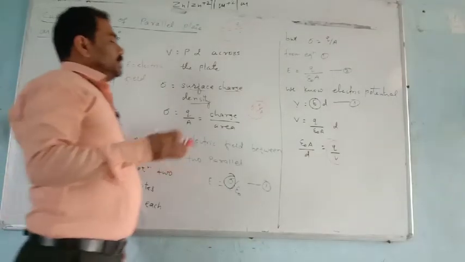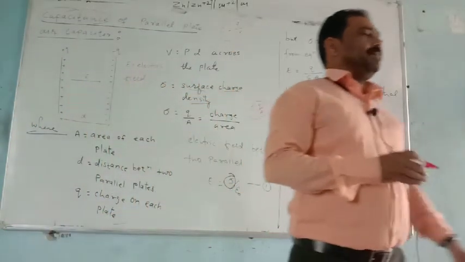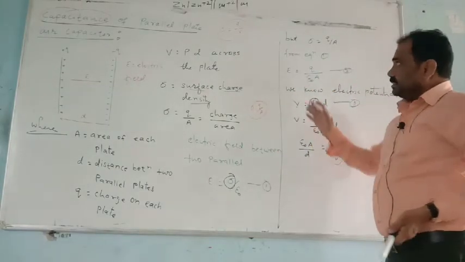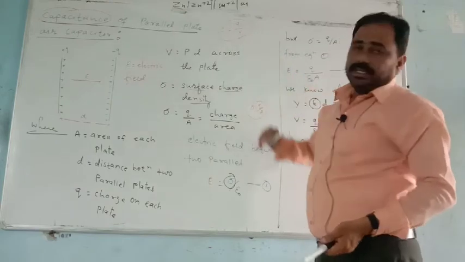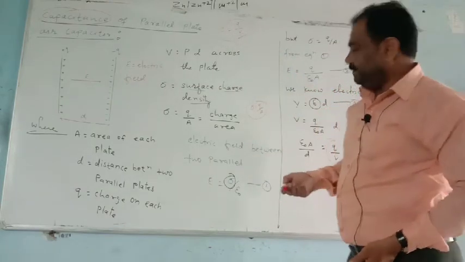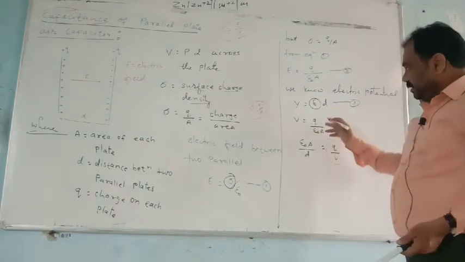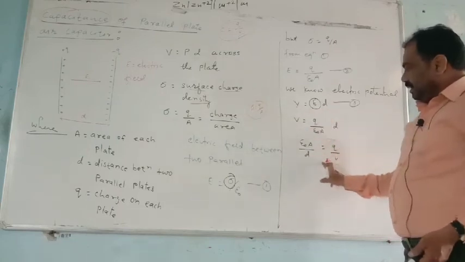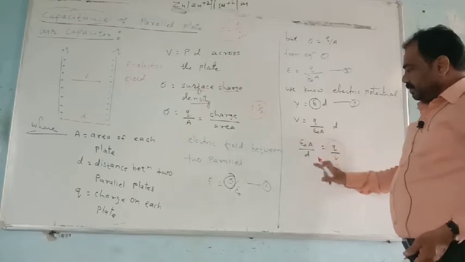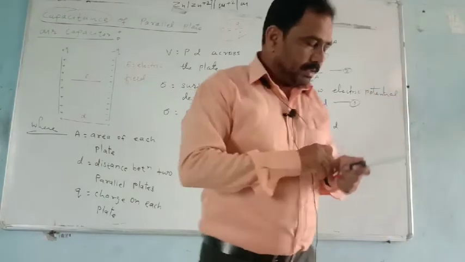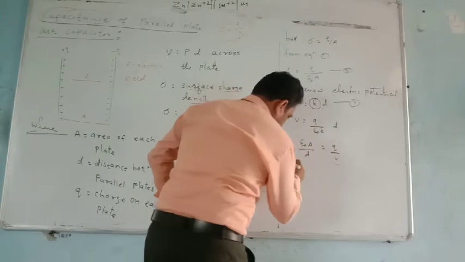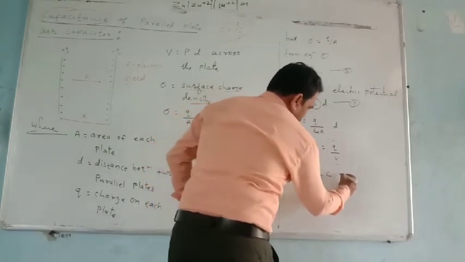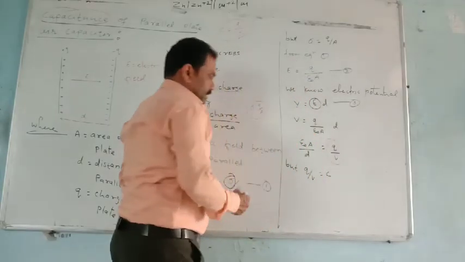That is the capacitance of a parallel plate air capacitor. How can we calculate the capacitance? The capacitance is nothing but Q by V, that is charge upon potential difference. For that purpose, we rearrange this term, Q by V, which represents epsilon naught into A upon D. Q by V is nothing but C, that is the capacitance.